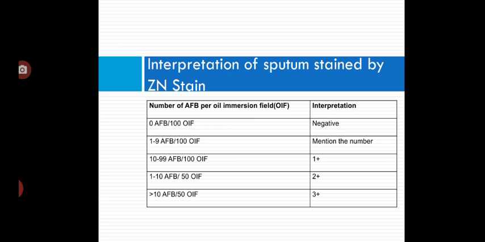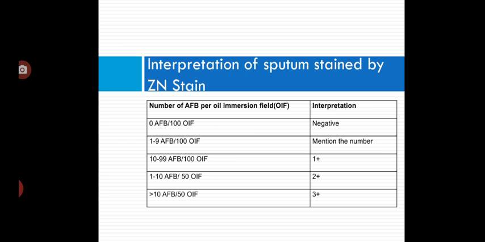If no acid-fast bacilli are seen in 100 oil immersion fields, that is interpreted as negative. And if about 1 to 9 acid-fast bacilli are seen per 100 oil immersion fields, then you mention the number, how many are seen.